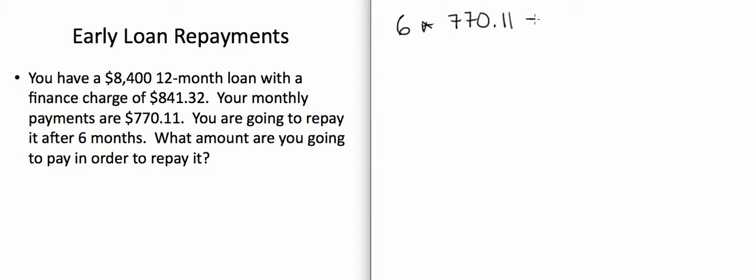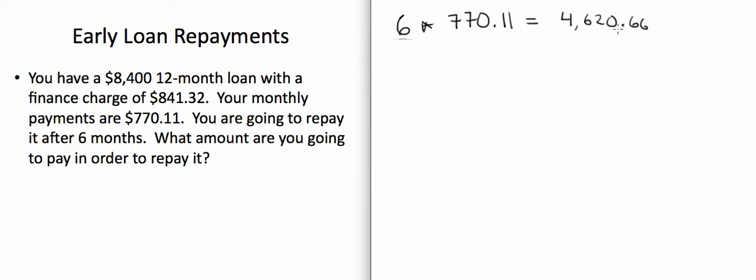Okay, there are 6 months left because you're paying it after 6 months. So 12 minus 6 gives you 6. When you take that multiplication, you're going to get an answer of $4,620.66. So that's the amount left to pay.